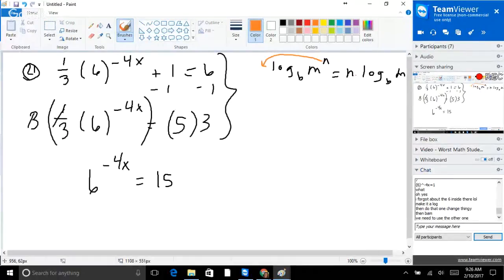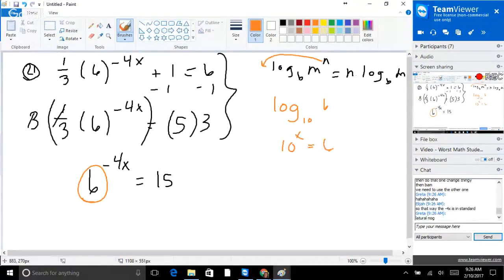Well, it all has to do with what our base is right here, right? Because if I take the log base 10 of 6, another way to write that is: 10 to the what power equals 6.